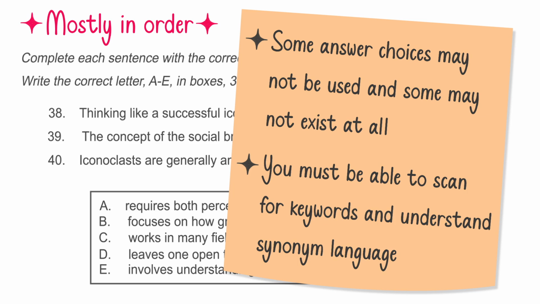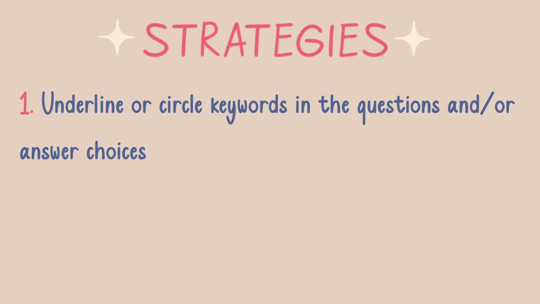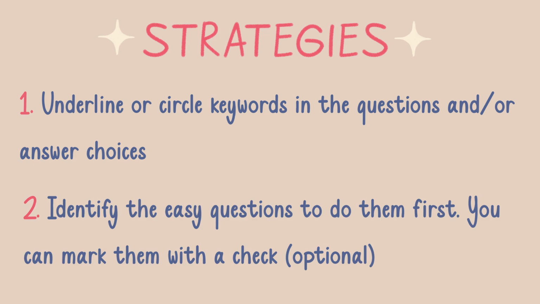And what are our basic strategies? We have to follow 5 basic strategies. The first one is that you underline or circle keywords in the questions and the answer choices. So the first step is to find keywords, and then you identify the easy questions to do them first.